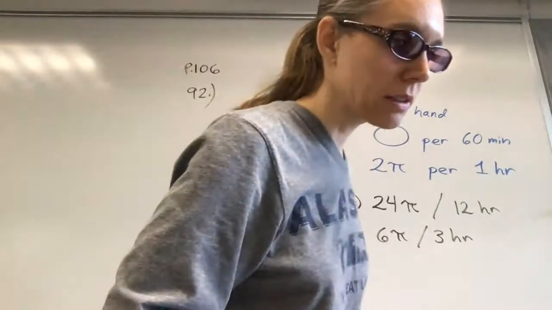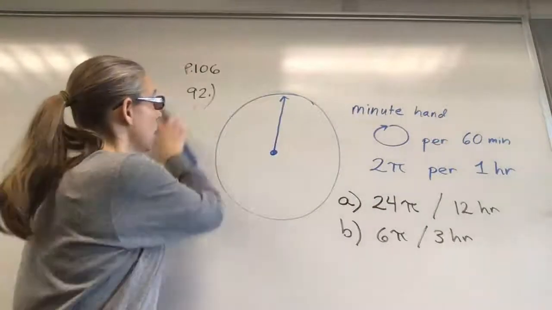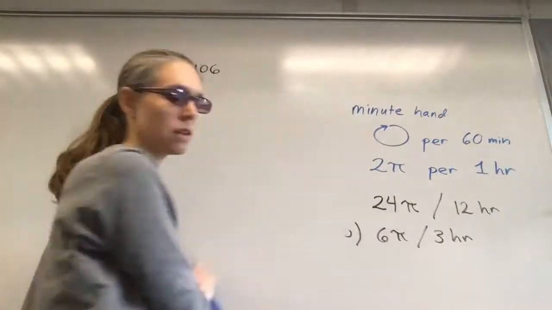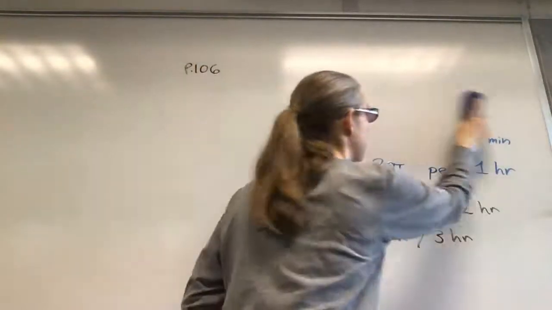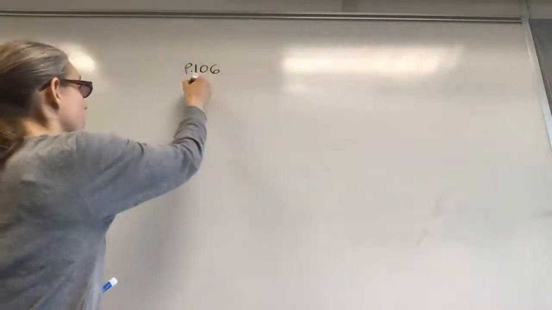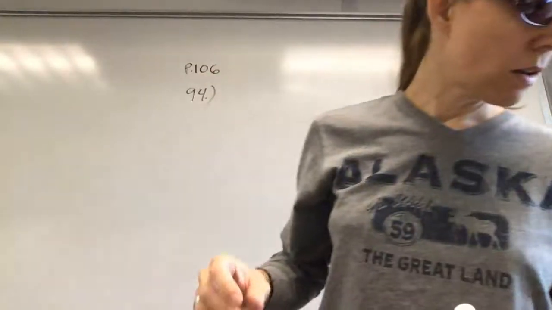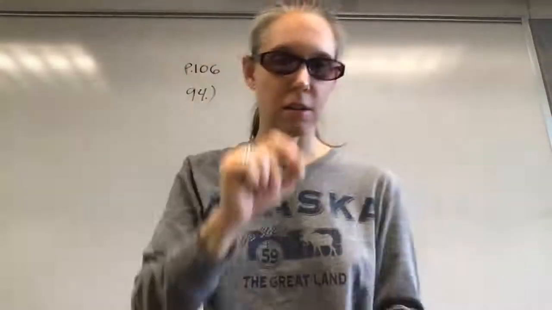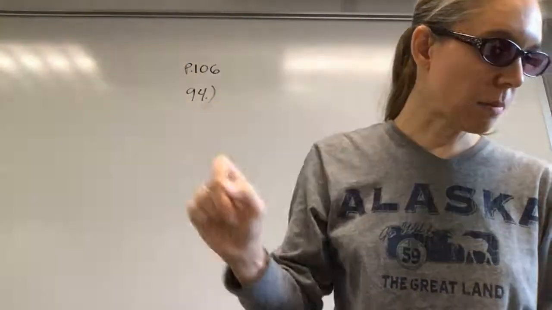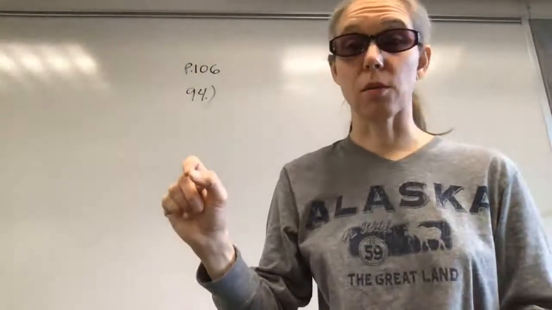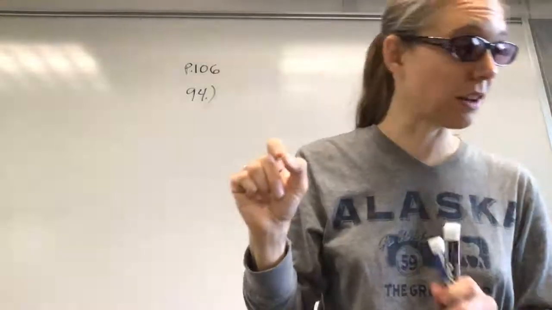Okay, pretty simple stuff. Now let's do number 94. Number 94 is a pulley. You don't have to have much experience with pulleys in order to do this. A circular pulley is rotating about its center. I should hope so. That's what circular pulleys do.